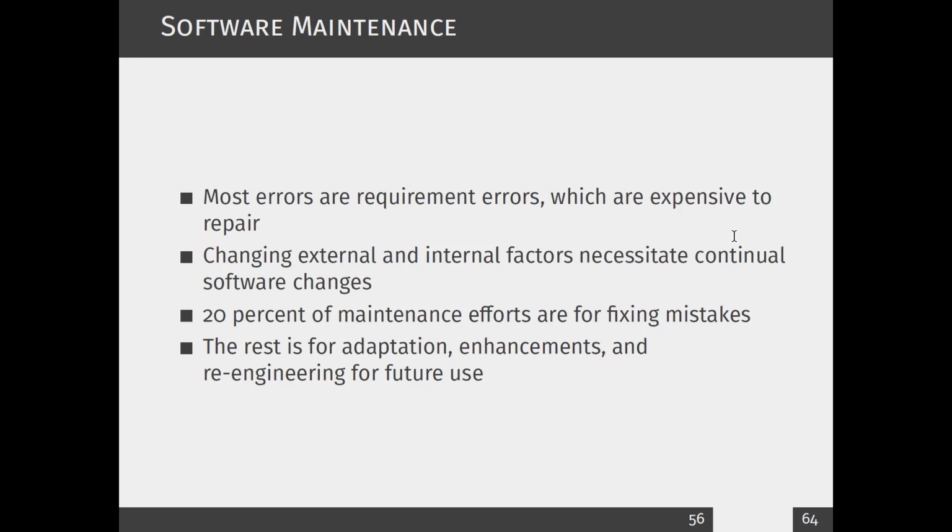Now look at the kinds of errors that you will notice. Most of the time, the errors are based on the requirements. So if you are not capturing the requirements correctly initially, then later on, once you build the system, correcting those requirements is very difficult and very expensive.